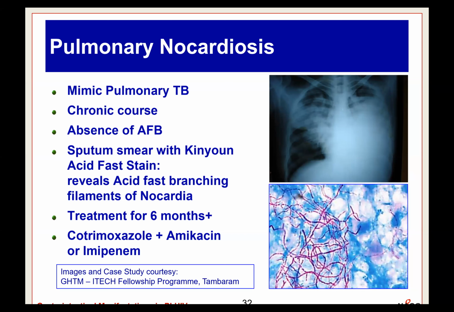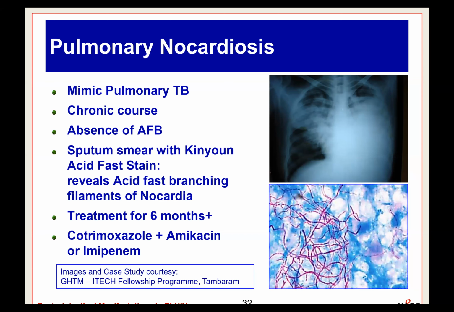But nocardia is another example which may mimic tuberculosis, where AFB staining is done, but it is a kind of cold staining. When you do AFB staining by smear examination, usually after putting carbol fuchsin, you heat the slides. Here in modified acid fast stain, you don't heat the slides, and that is how you can identify nocardia.